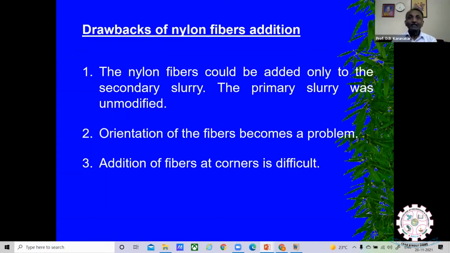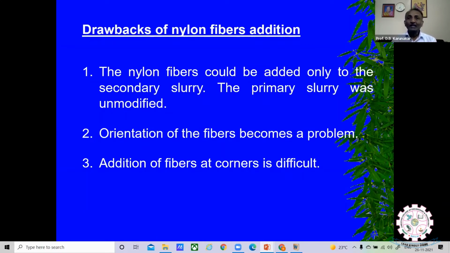After that, our aim is not to create a very good surface finish but to induce strength. So we use a secondary slurry, which is made of somewhat coarser ingredients. So two slurries are always used, sometimes even three: primary slurry, secondary slurry, and third stage slurry.